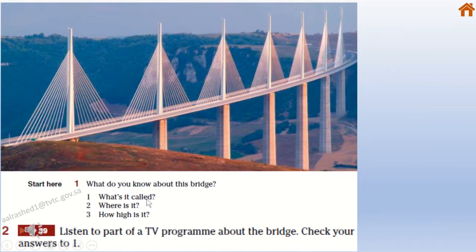Okay, let's see the answers. For number one, the name of the bridge is the Millau Bridge. As you can see, the capital letters at the beginning of each word identify or represent a noun.